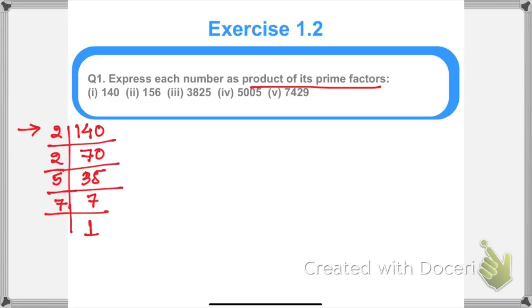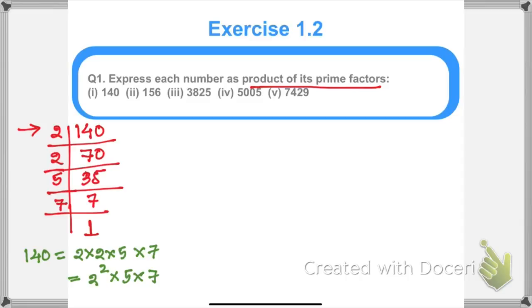So you would get the result here; you can write it as 140 will be equal to 2 into 2 into 5 into 7.